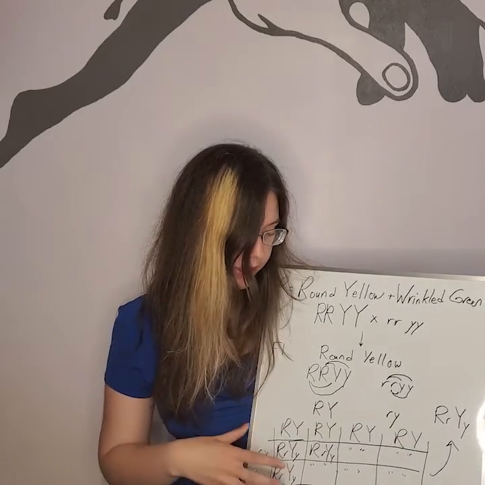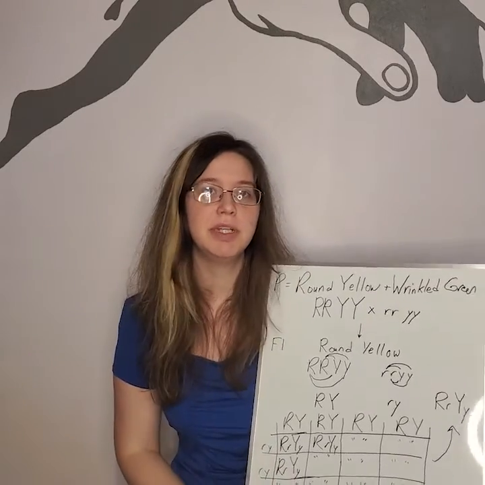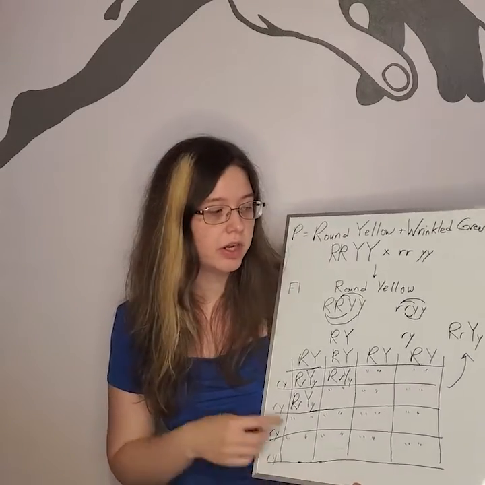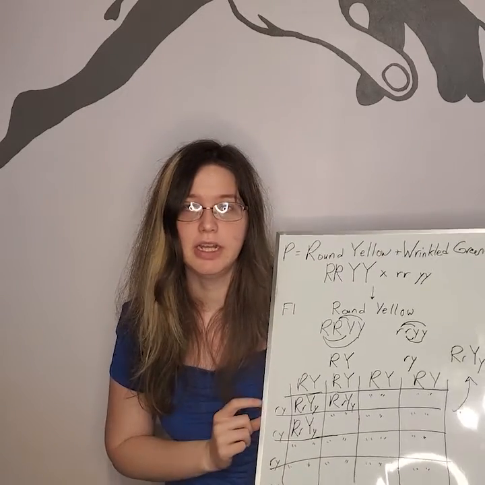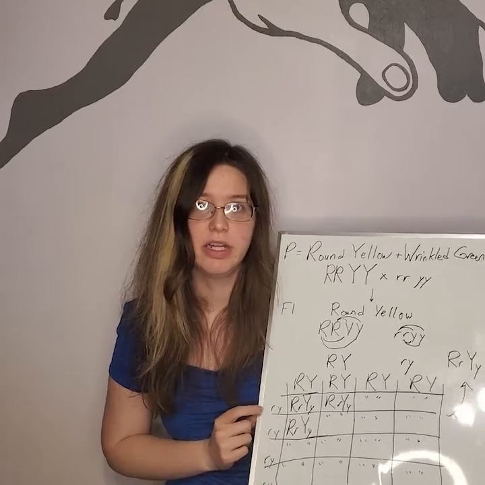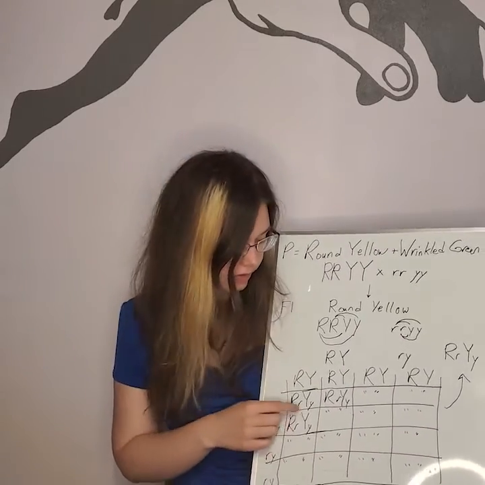And then we do this whole Punnett square. Now, because all of these alleles are the same, these are all capital R, capital Y, and these are all little r, little y. I just drew in the first couple results of that.